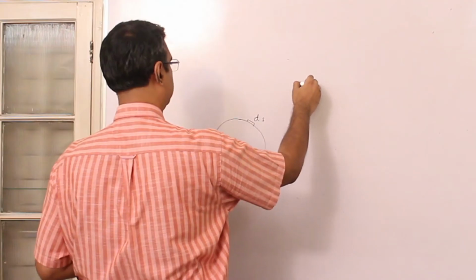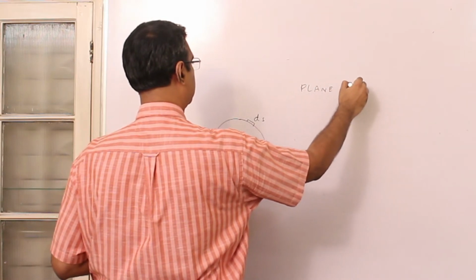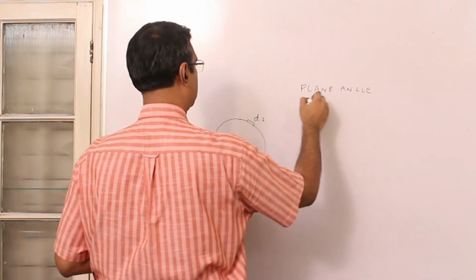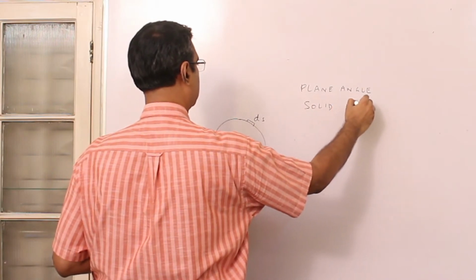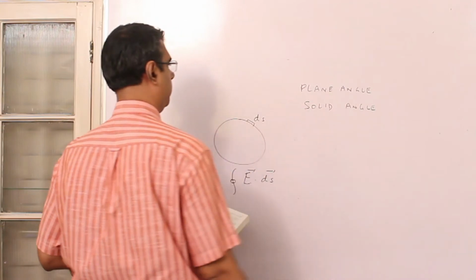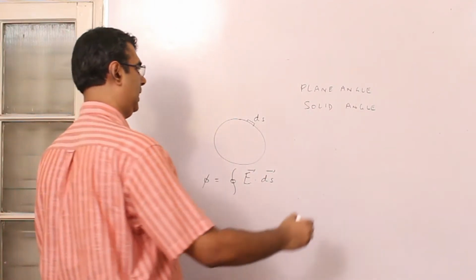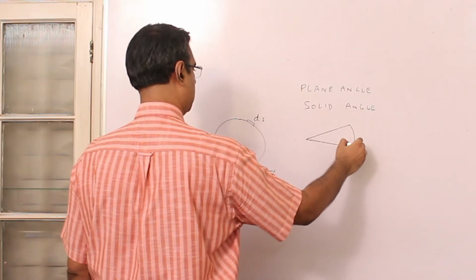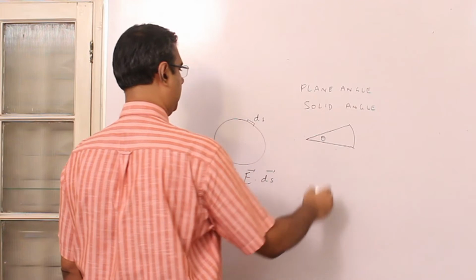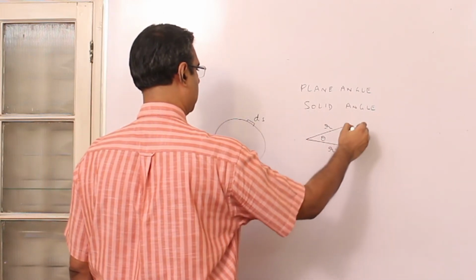Now we will revisit two topics: plane angle and solid angle. Suppose there is a plane angle theta and the radius is r.